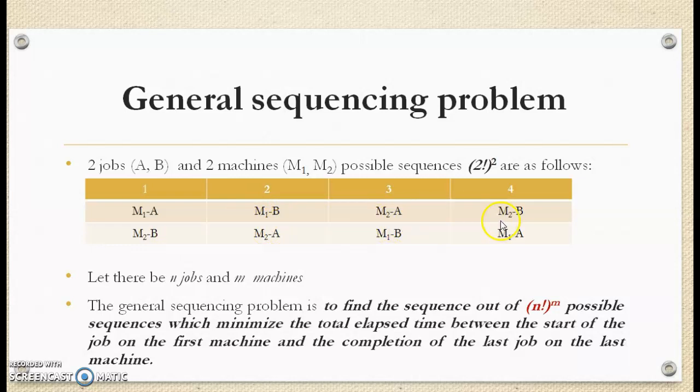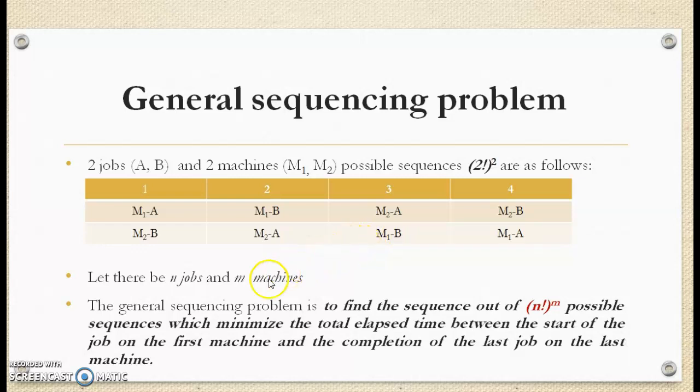If we take 3 jobs and 3 machines, how many possible sequences will there be? The possible sequences will be (3 factorial) raised to 3, that is, a total of 216 sequences.